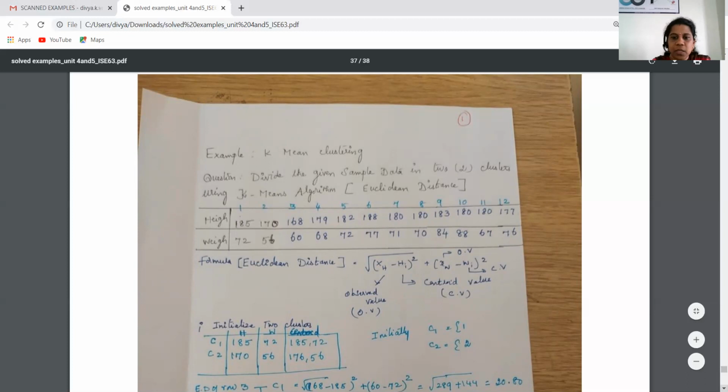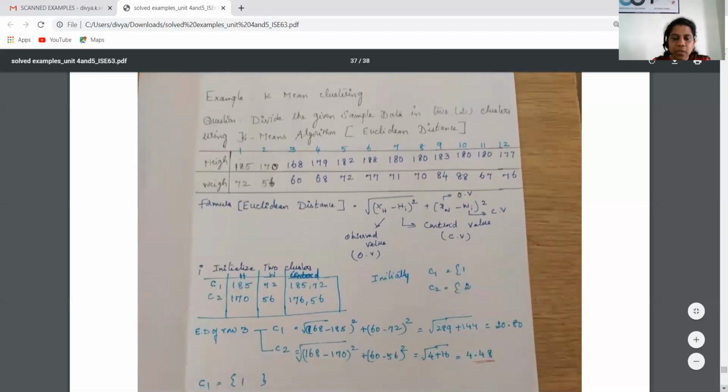As per the k-means method, first we need to take any one point as a cluster centroid, or the initial mean value. Here k is equal to 2, so we need two mean values, m1 and m2.